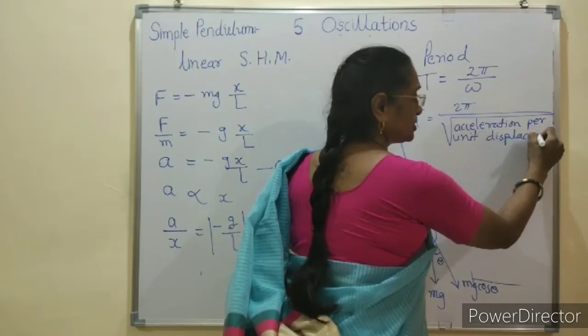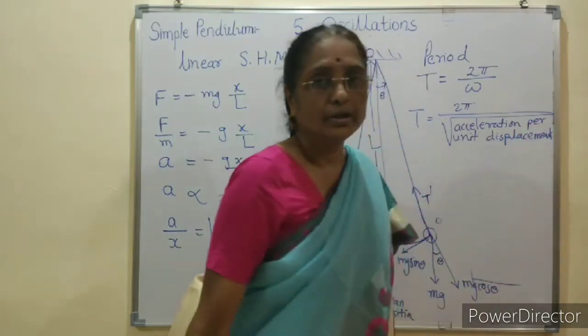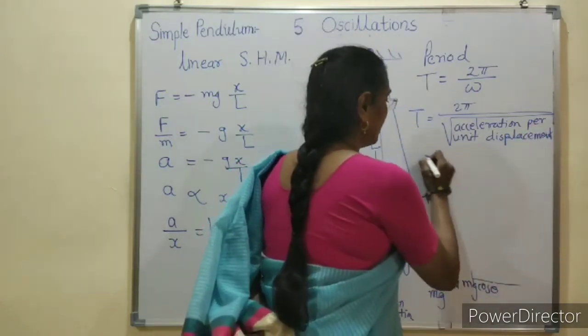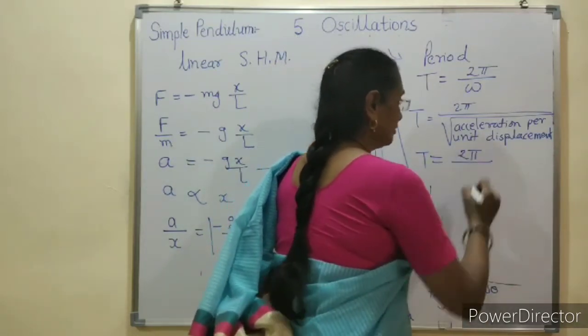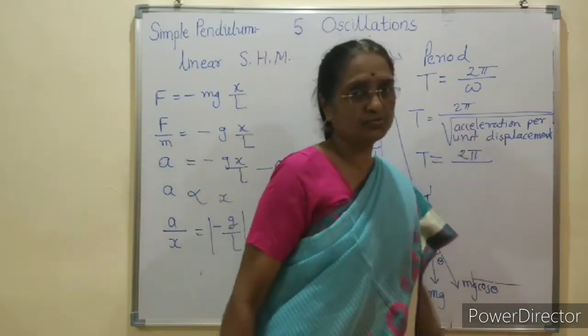This is the expression we have derived at the beginning of the chapter, or second point in the chapter. It is twice pi divided by acceleration per unit displacement.